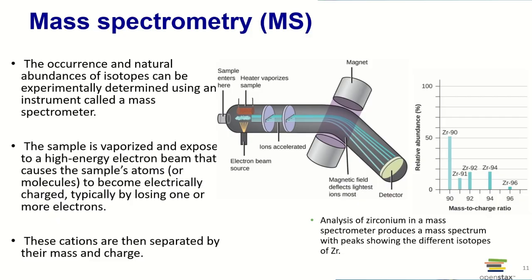We use a very small quantity of a sample. Then this sample is vaporized and exposed to a high energy electron beam that causes the sample atoms or molecules to become electrically charged, typically by losing one or more electrons. And then we can find the different isotopes through this equipment.